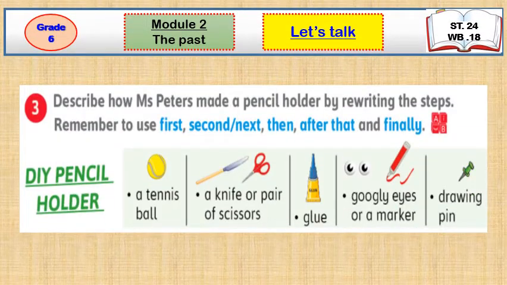Now, exercise number 3, the last one. Describe how Miss Peters made a pencil holder by rewriting the steps. Remember to use first, second, next, then, after that, and finally. We need a tennis ball, a knife or pair of scissors, glue, googly eyes or a marker, and a drawing pen.